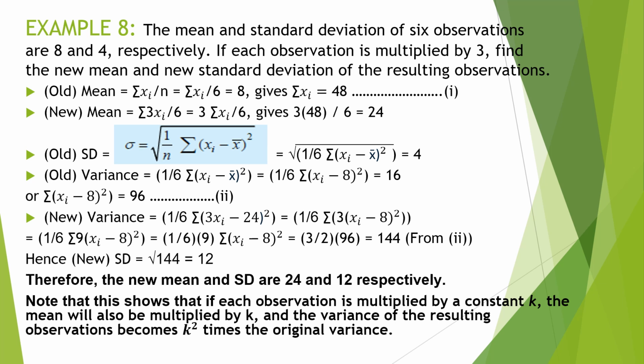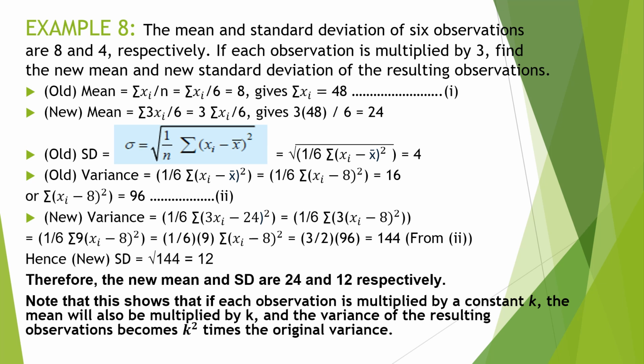Let this be equation 2. So now the new variance, in this what we are doing is 1 upon 6 sigma, instead of xi we are taking 3xi, multiplying each observation by 3, minus the new mean, which is 24. So 1 upon 6 sigma of, take out 3 common, xi minus 8 whole square. So 3 square into xi minus 8 whole square. That 3 square bring outside.